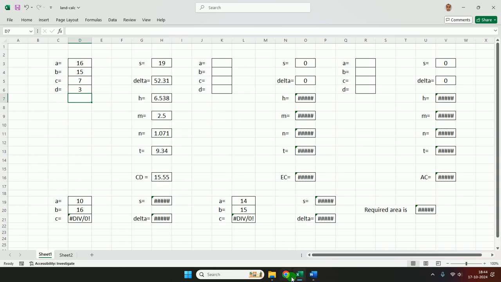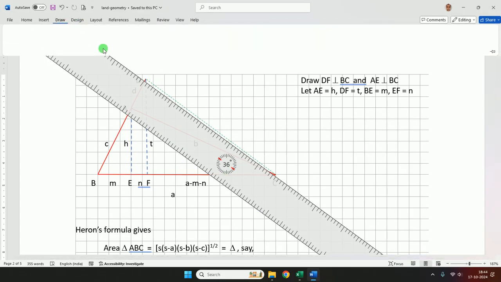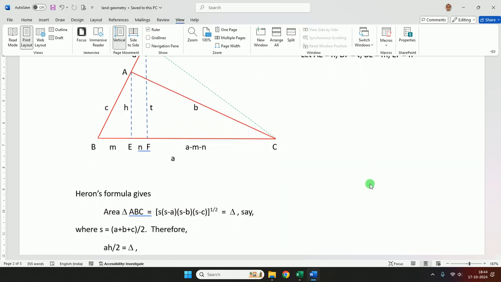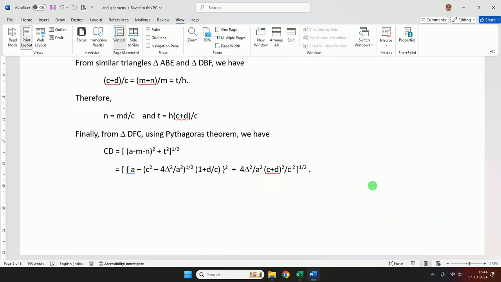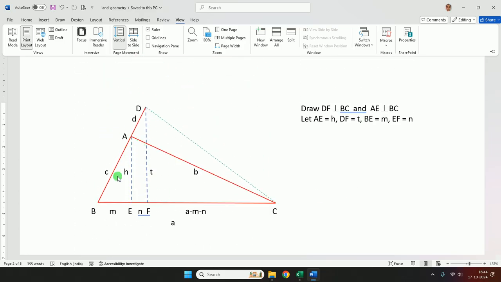Now, this particular formula, you may have a different type of triangle also, where this angle is obtuse or this angle is too small, and this C is quite much bigger than B. Then what happens?